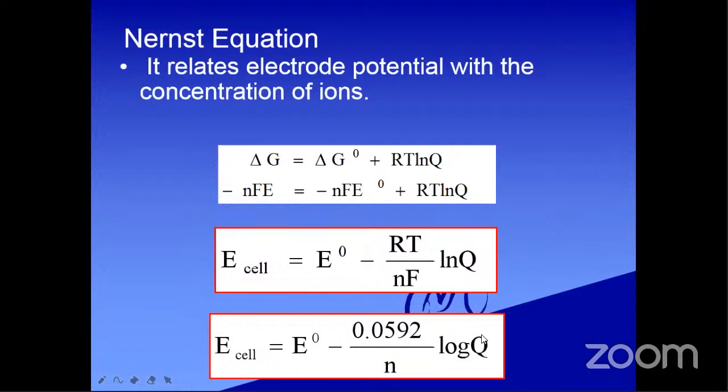What is the equilibrium constant? In a chemical reaction A plus B giving A2+ plus B, Q equals the product of the concentrations of the products divided by the product of the concentrations of the reactants.